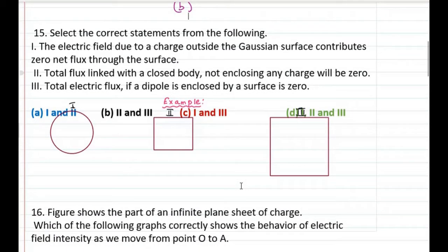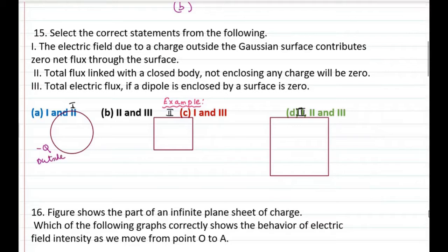Select the correct statement from the following. The electric field due to a charge outside the Gaussian surface contributes 0 net flux through the surface. For the first one, consider this is a closed surface and we're placing a charge, for example minus q, outside the surface.